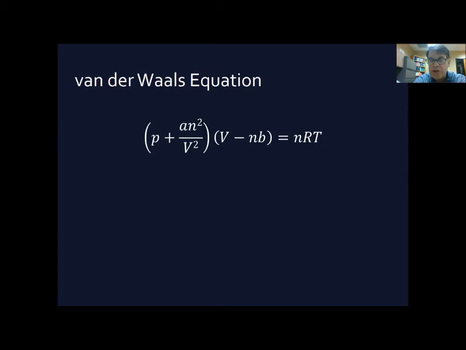Van der Waals was a Dutch scientist who recognized that at high pressures especially, the ideal gas equation, PV equals nRT, doesn't really work. It doesn't work for 2 basic reasons. First of all, the molecules themselves, or the atoms themselves, take up volume.